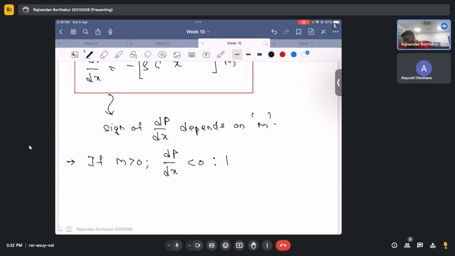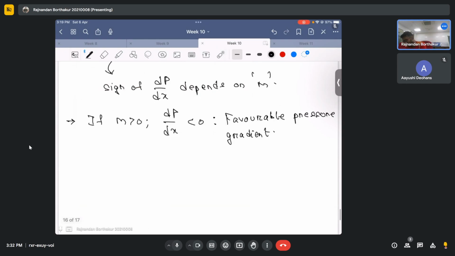So this is a favorable pressure gradient. On the contrary, if m is less than 0, this will mean dp dx is greater than 0, and this is a case of adverse pressure gradient.